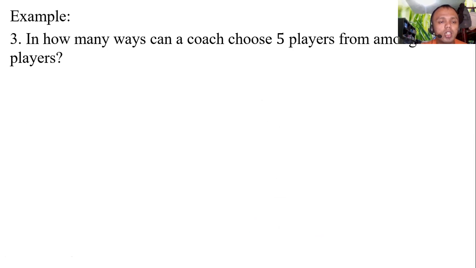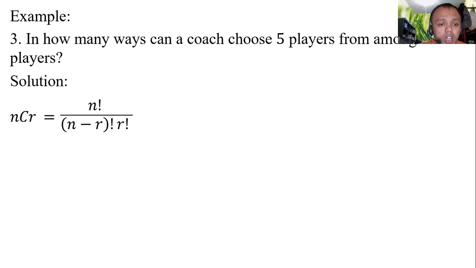Next, in how many ways can a coach choose 5 players from among 10 players? Again, that is a combination. So nCr is equal to n factorial over n minus r factorial times r factorial. Substitute your n to 10, your r to 5.